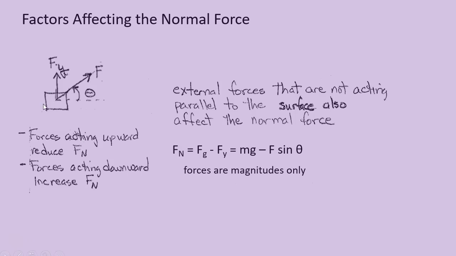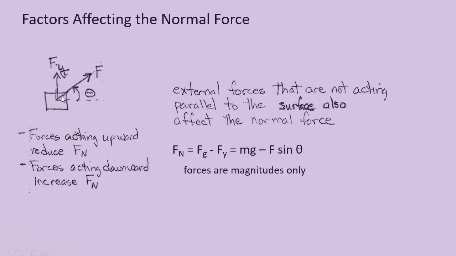Let's just assume this is a box sitting on a surface and we're pulling it with a rope, and we're not pulling the rope horizontally, but we're pulling it up and to the right at some positive angle theta. Well, this creates a y component, or a vertical component, of this force, and that y component is going to act to reduce the normal force.